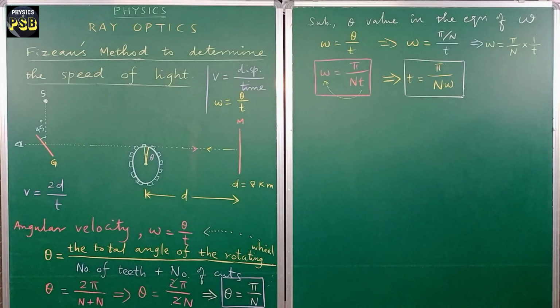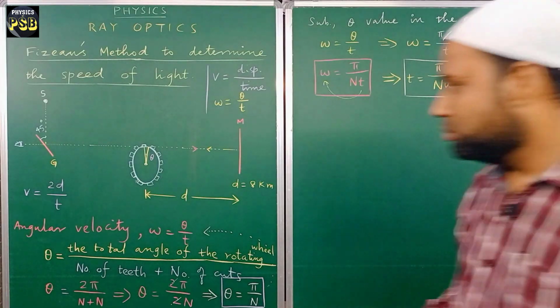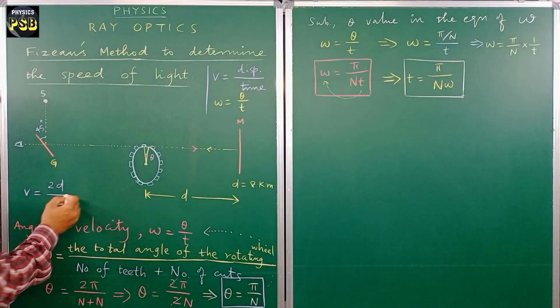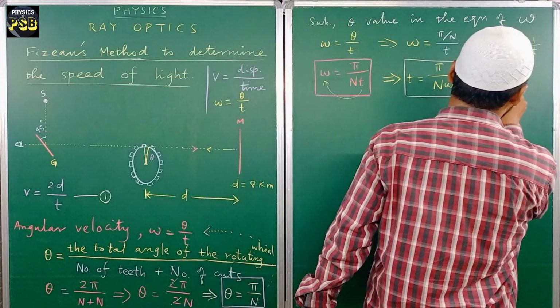This is what is found here; this is the value of t. I am going to use this in the other equation. For better understanding, I name this one as equation number 1 and this as equation number 2.